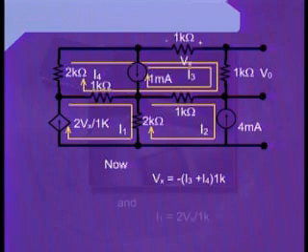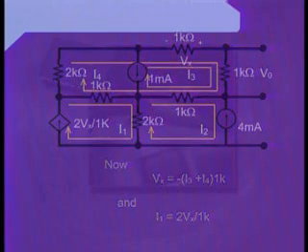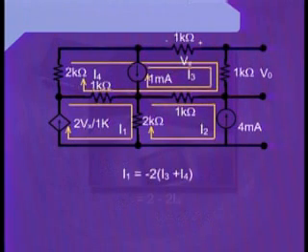Therefore, we can write I1 is equal to 2Vx divided by 1K. Now, further simplifying it and putting the value of Vx into the above expression, we can write I1 is equal to minus 2 I3 plus I4, or further simplifying it and putting the value of I3 in there, we can write I1 is equal to 2 minus 2 I4.